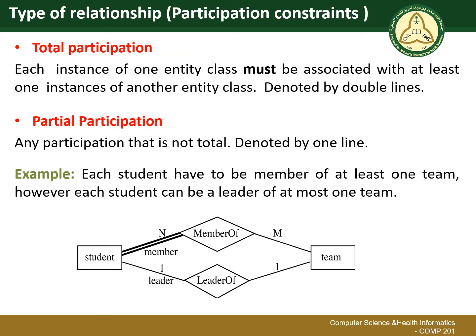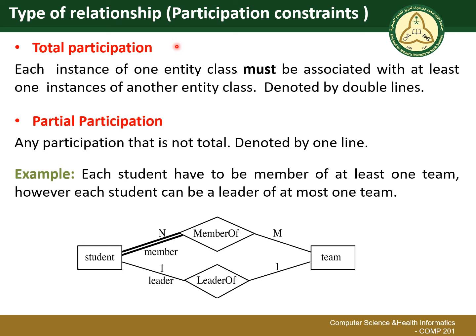Also, we have the types of participation. We have total participation and partial participation, which can be under the participation constraint. What does it mean, the total participation and the partial participation? So this represents how the entity is involved in the relation.